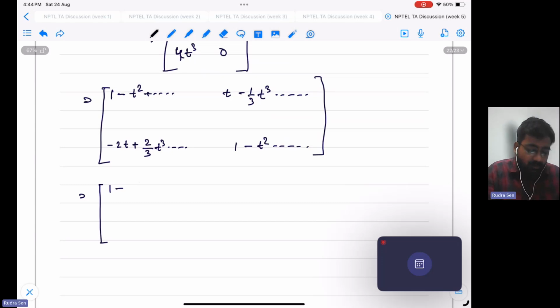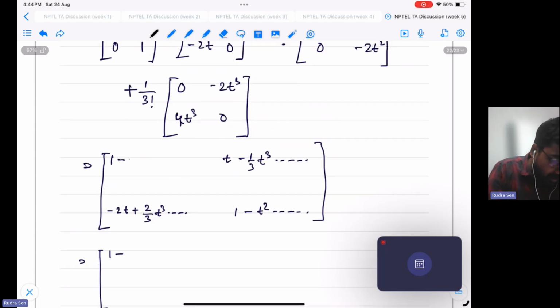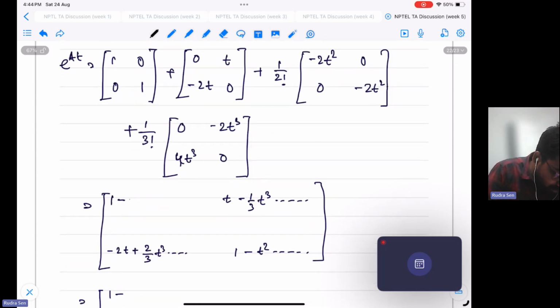Instead of writing it as t squared, I'm just writing it as 2t squared by 2, and then it continues.